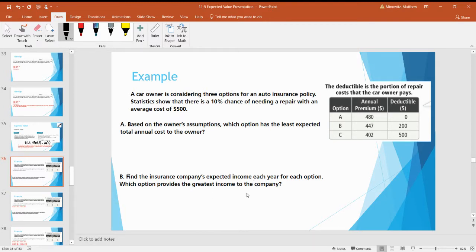Which one is the best for the company? So which one's the best for you as the car owner, and which one's the best for you as the owner of the company? Pause the video, take a few minutes, run all the expected values for all the situations, figure out which option you would want if you were buying car insurance, and figure out which option you'd want if you were owning the company.